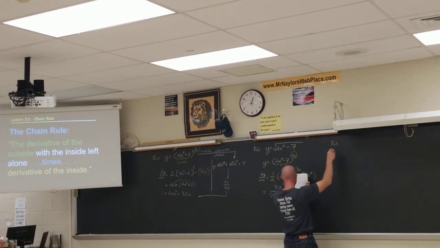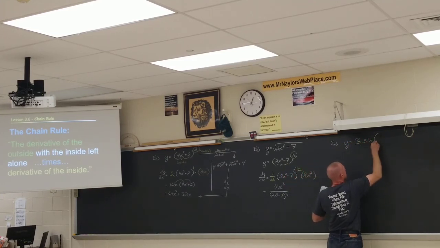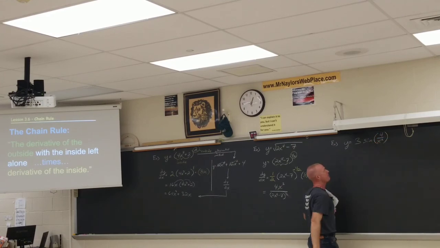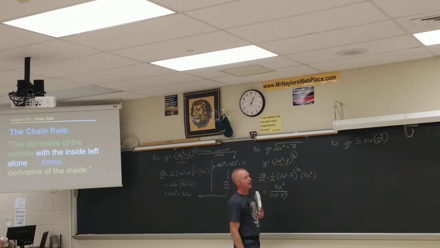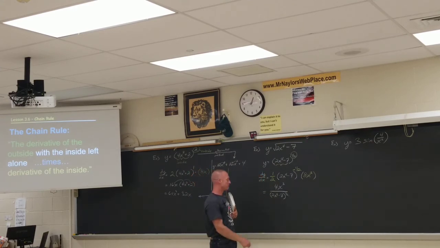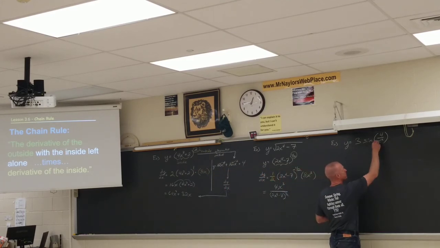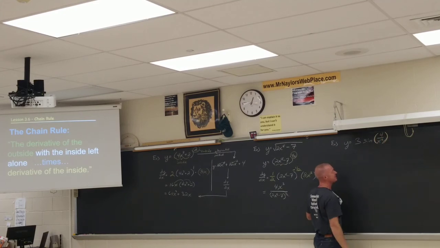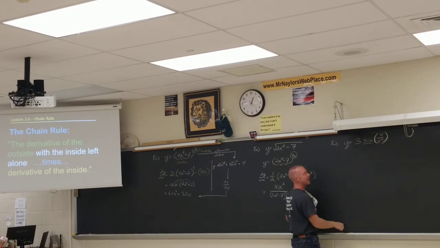Now, just like I did in the little intro problem, trig functions are also good functions for the chain rule. So how about 3 times the sine of 4 over x squared? When we have a trig function, there's a good chance that it's going to be a chain rule, because whenever you have something in parentheses, that's our inside, and that makes the trig function the one on the outside.